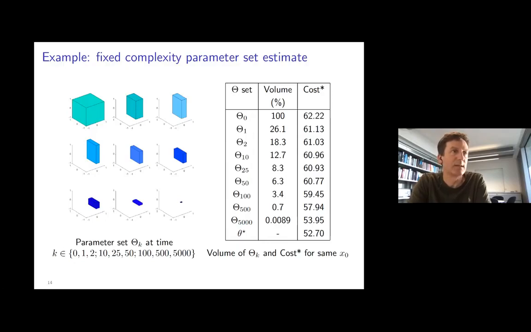So you can see the effects here of improving the parameter set estimate, and obviously we're getting a reduction in cost. And it's interesting to note that there's still a cost reduction going from a very small parameter set to the exact value of the system parameters. And that's basically because of the inherent conservativeness in the robust MPC schemes that we're using here.